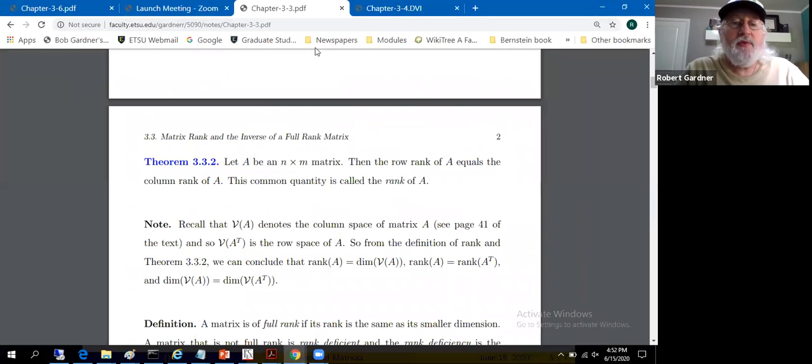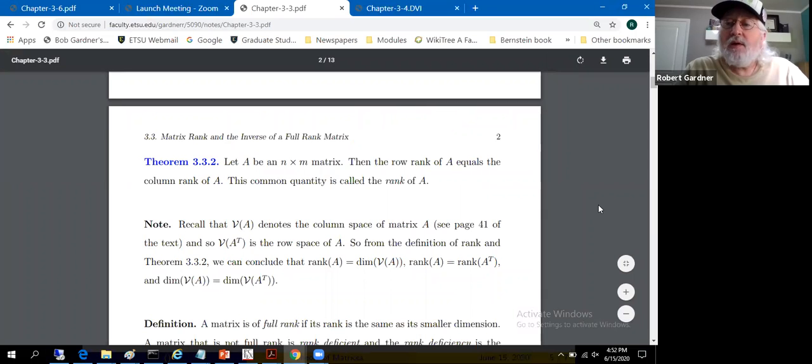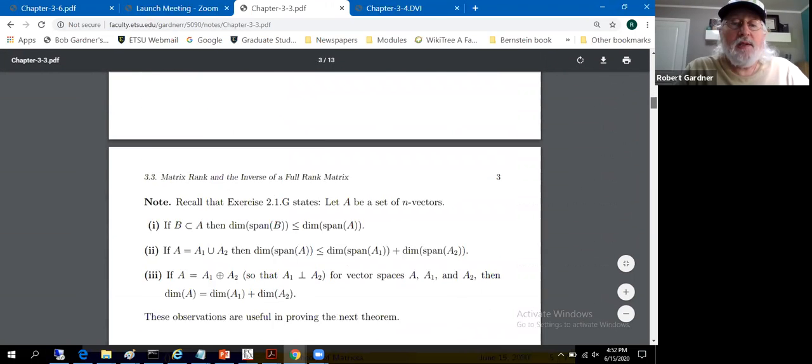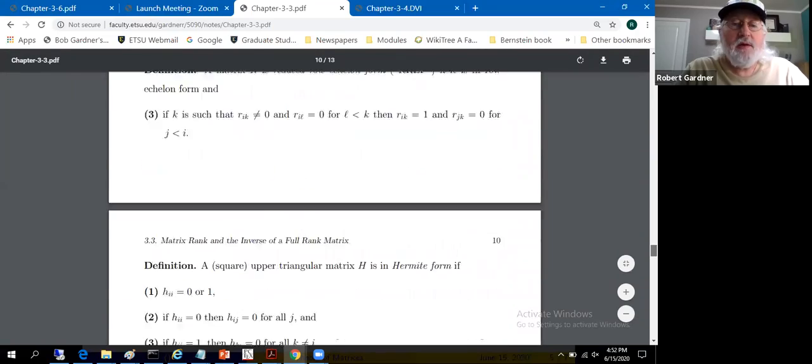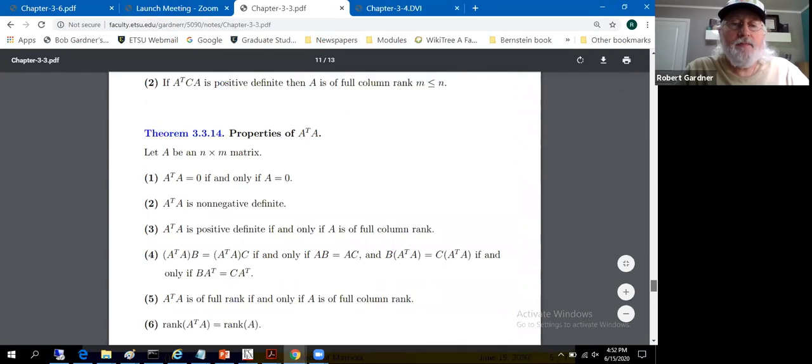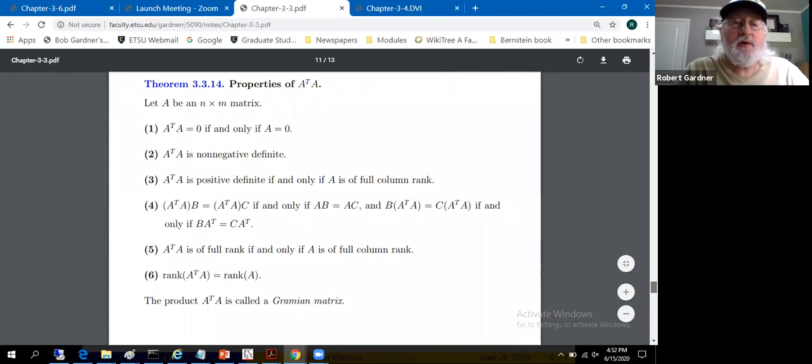So 3.3.14, okay, here it is, Gramian product. Part 5, which we're interested in, says A transpose A is full rank, A transpose A is square of course, if and only if A is a full column rank.